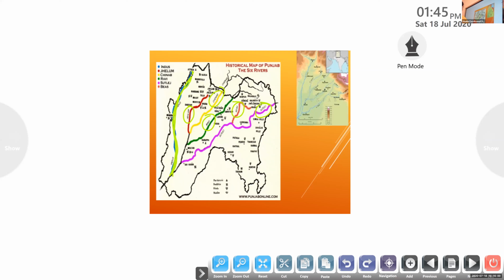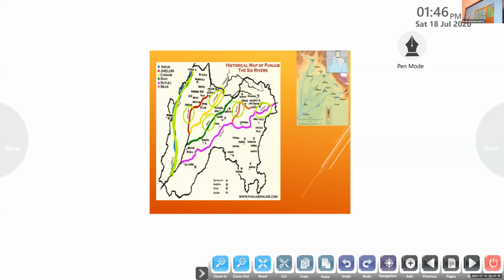Jhelum, Chenab, Ravi, Beas and Satluj are the tributaries of the river Indus. So the Punjab plain is formed by the river Indus and its tributaries. You got the point? I hope it's clear to you.